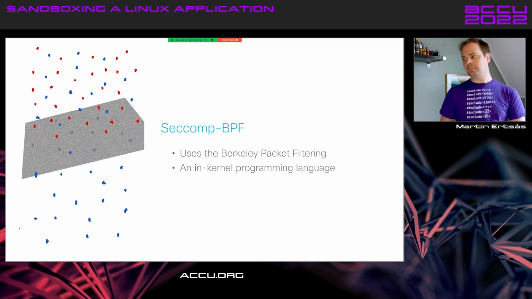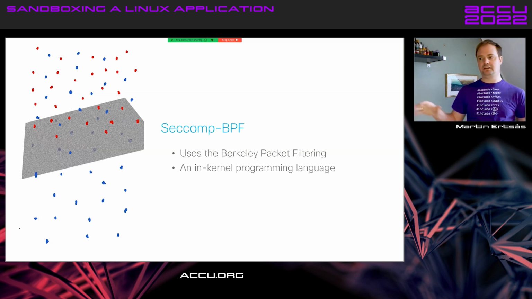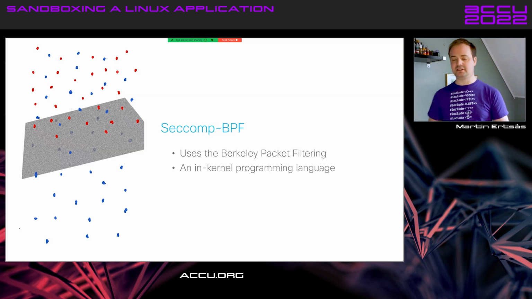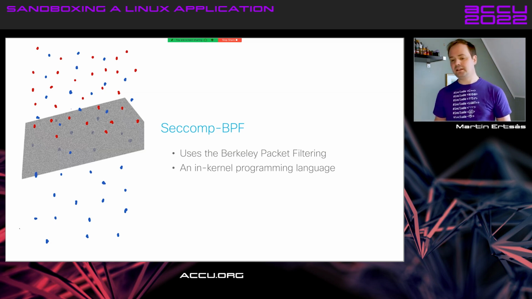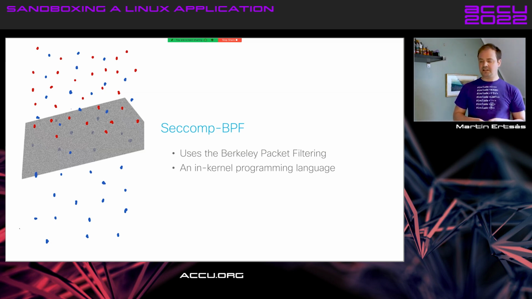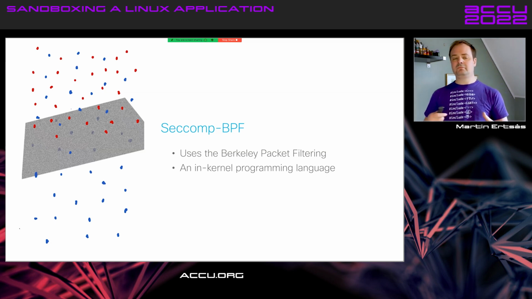It's running on a VM. It has a lot of stuff around it, like a JIT compiler and stuff. It's used for a lot of things. For instance, it was created to do packet filtering, hence the name. In seccomp, it is used to handle system calls.